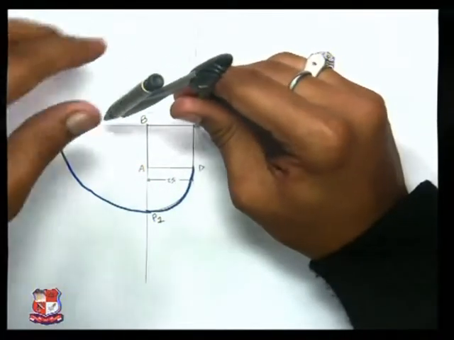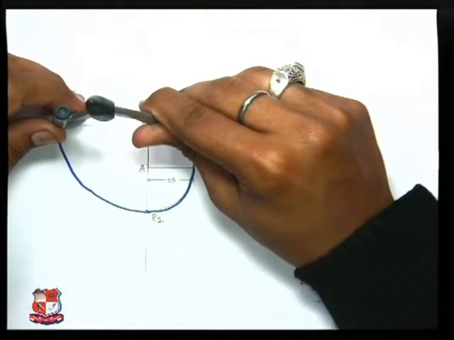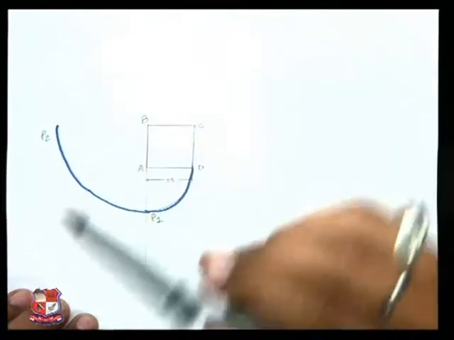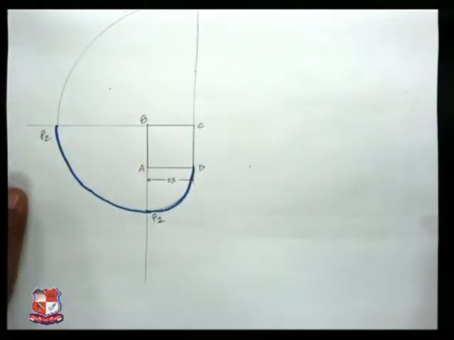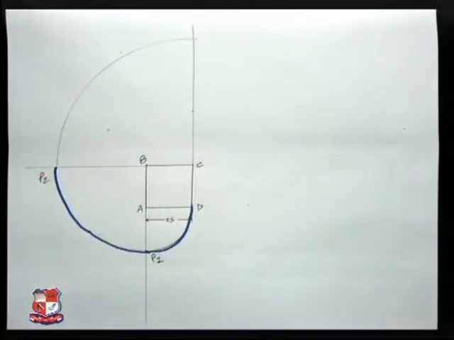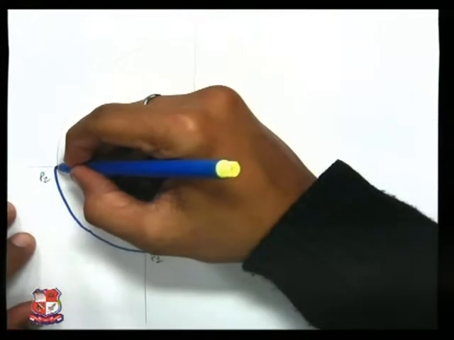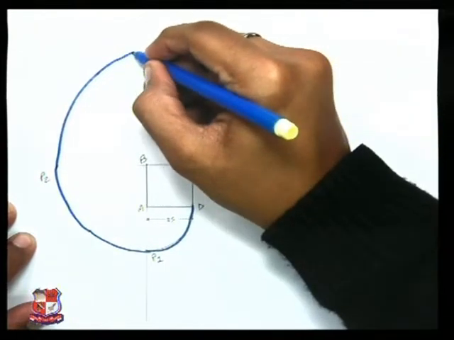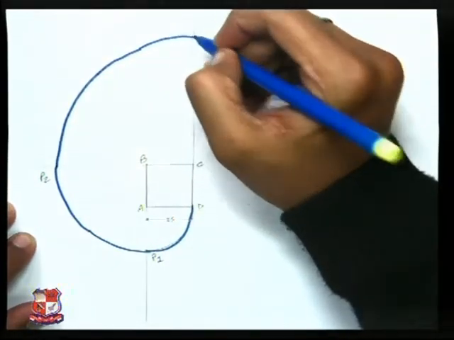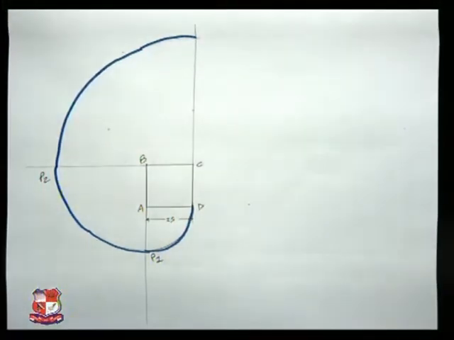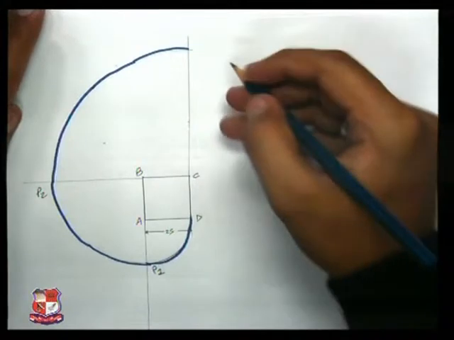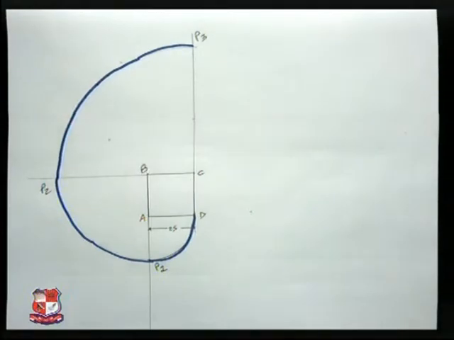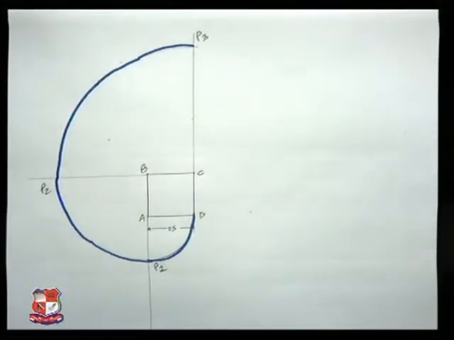Now take C as center, CP2 as radius, and draw an arc. Name this as P3. Now, before proceeding further, we'll do one thing.